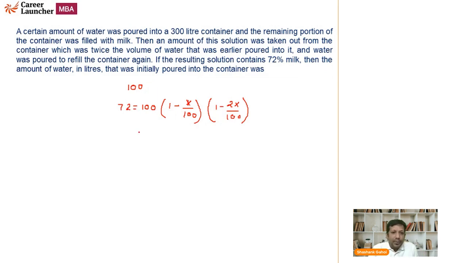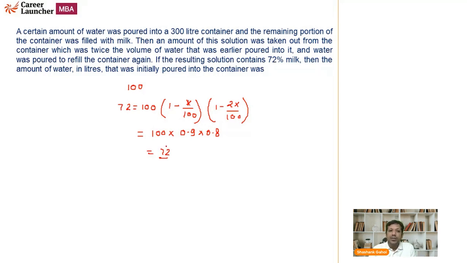So basically, from 100 to 72, there is a successive change, and one change is twice the second change. How am I going to get it? So can I say 10% decrement means 0.9, then 20% decrement, that is 0.8. Then can I say it is 72? Yes. It means in the first exchange, I have taken out 10 liters of solution.